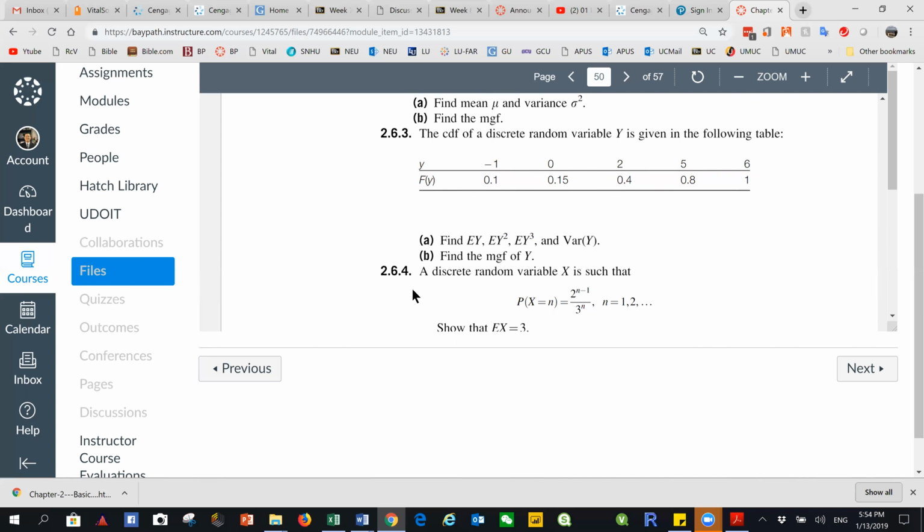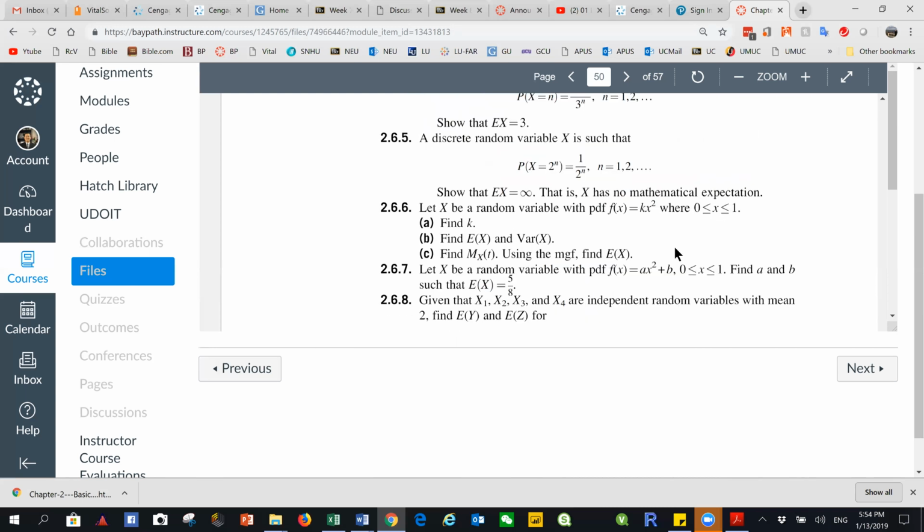And then you will get the moment generating function of y.